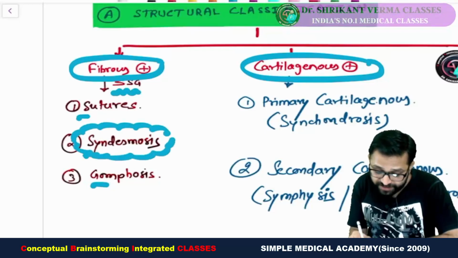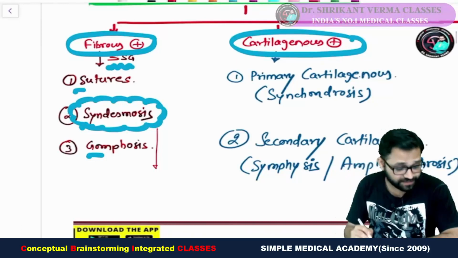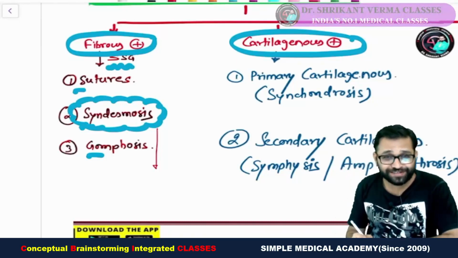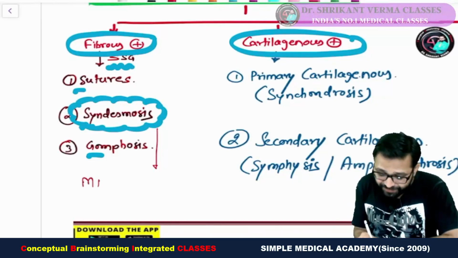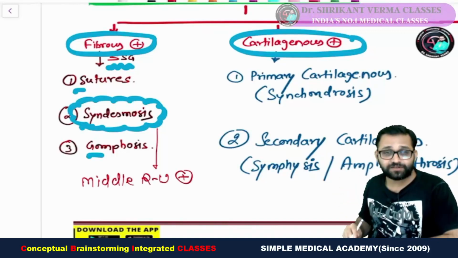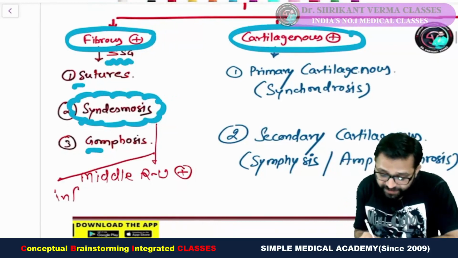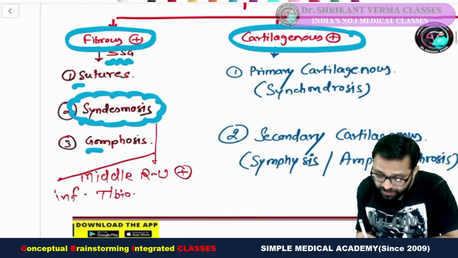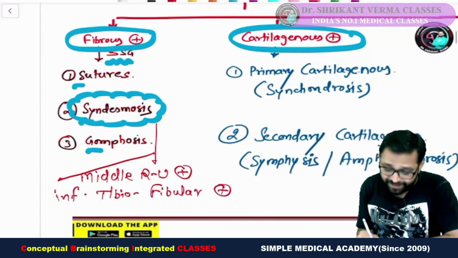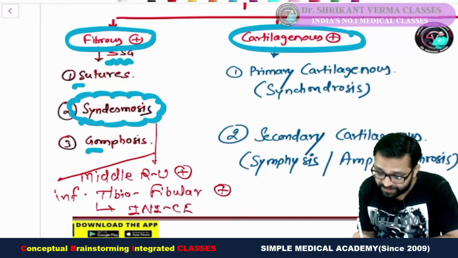Now you have clear knowledge that this syndesmosis joint is present at the middle radioulnar joint. Also, at the time of class I told you this is also present at the inferior tibiofibular joint. And remember, this was a question of the INICET pattern.